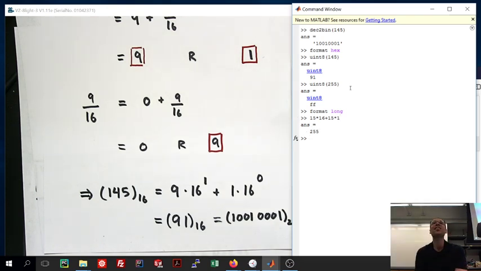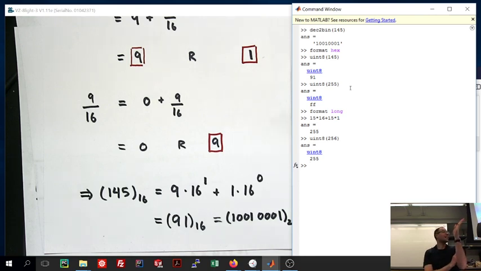How would I break Uint 8? Now the question is, well, what would happen if MATLAB tried to store 256? Do you know what we call that in numerical computation? Overflow. Let's see what happens. What does MATLAB do when it has an overflow number?